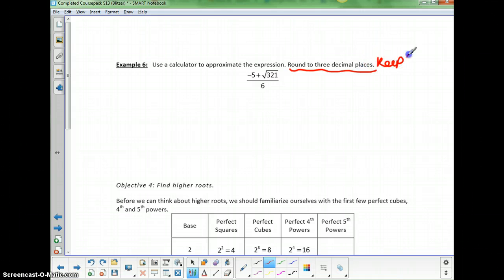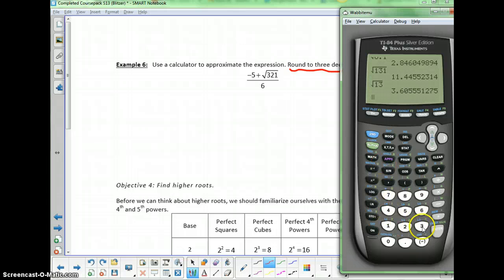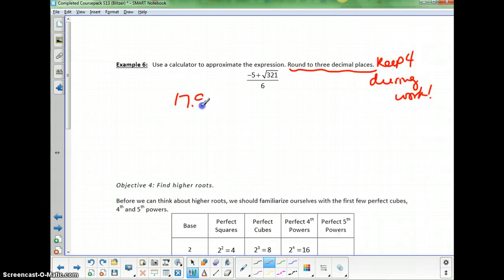So keep 4 during my work. Okay, so we're going to first of all figure out what the square root of 321 is. So that's 17.9165. So I have negative 5 plus 17.9165 divided by 6.